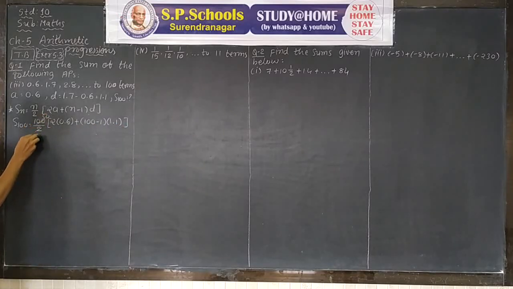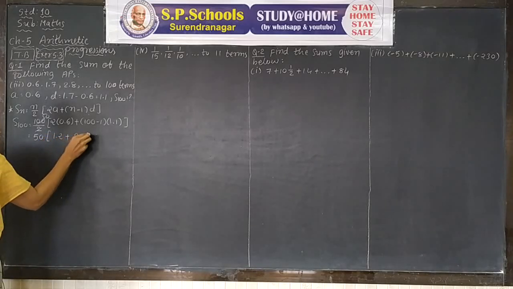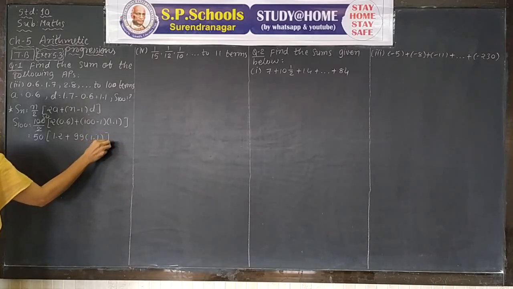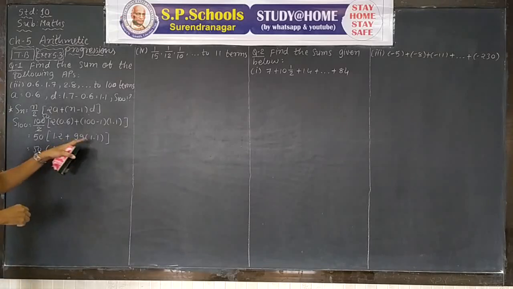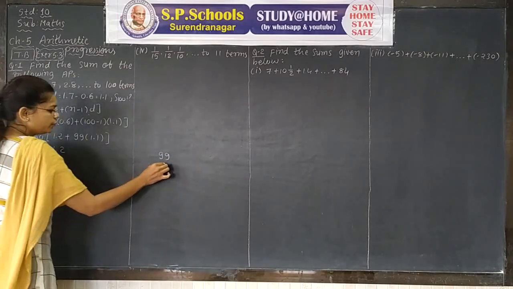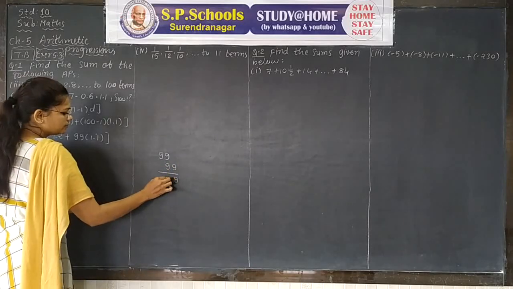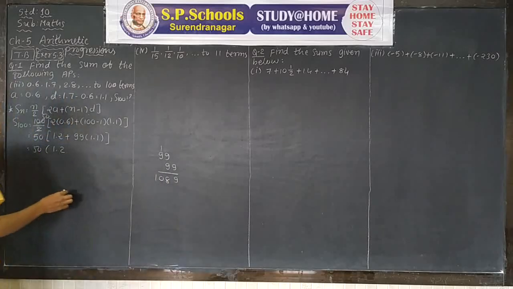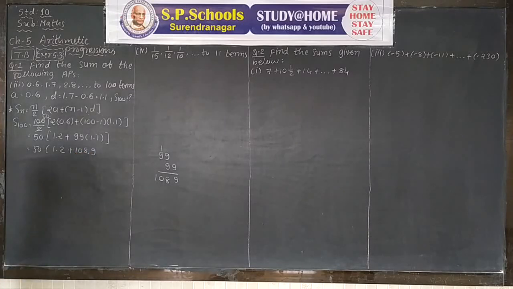Cutting is possible: two 50s are 100, so it is 50 into bracket 0.6 into 2, which is 1.2, plus 99 into 1.1. 50 as it is into bracket 1.2. We multiply 99 with 1.1. 99 with 11 is 1089, but it is 108.9.